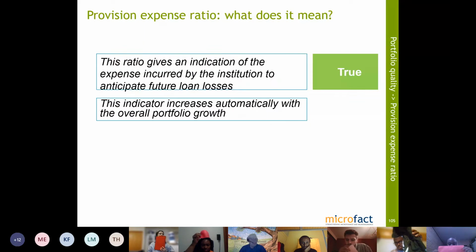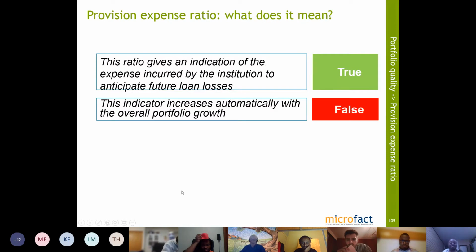So actually it's indeed false. And the reason why? Of course, the expense might increase because you have a larger loan portfolio and perhaps more expenses. But remember, the expense ratio is the expenses divided by the average gross loan portfolio. So if your portfolio quality is good, it remains the same. It's not like it grows automatically.